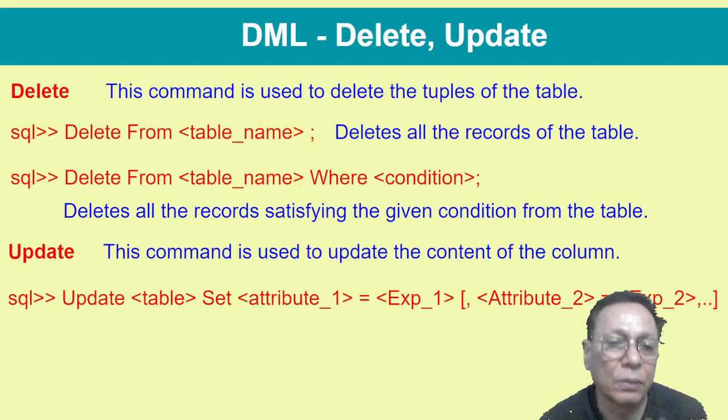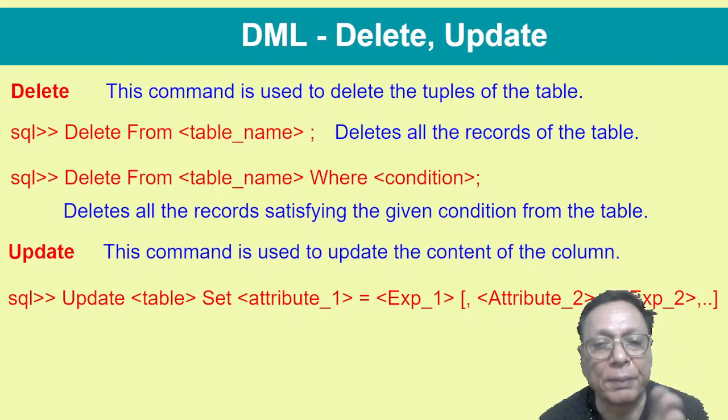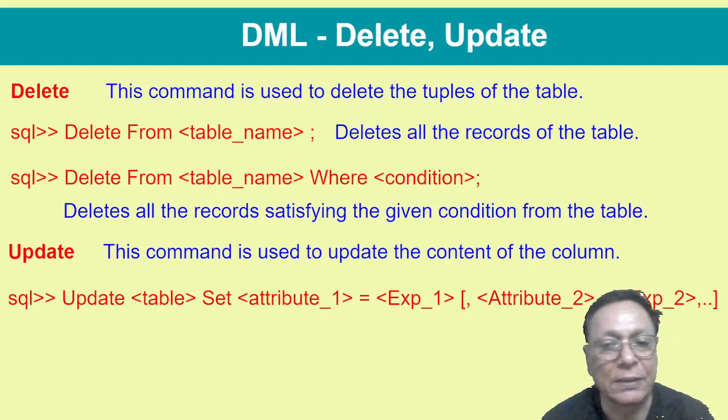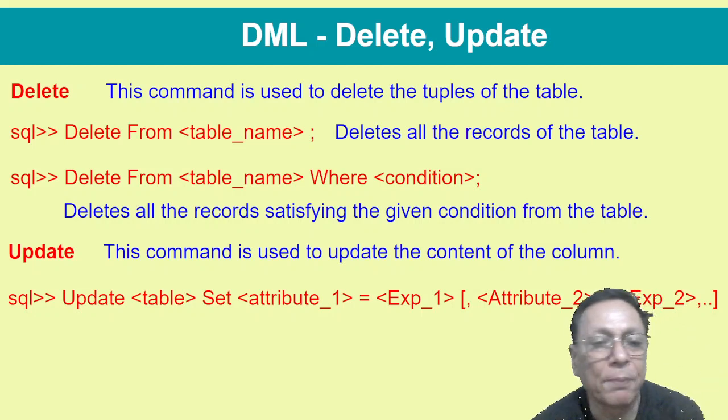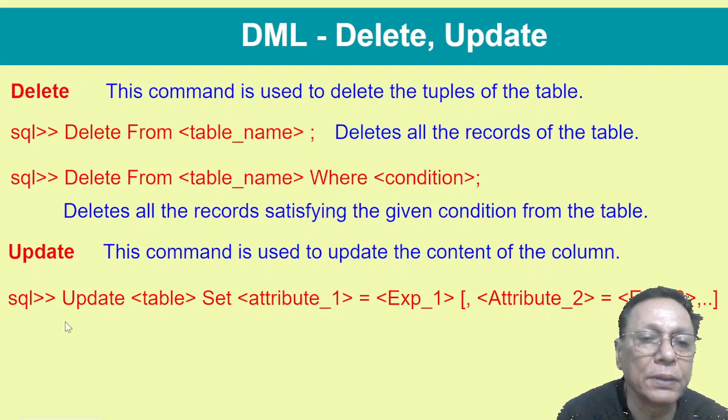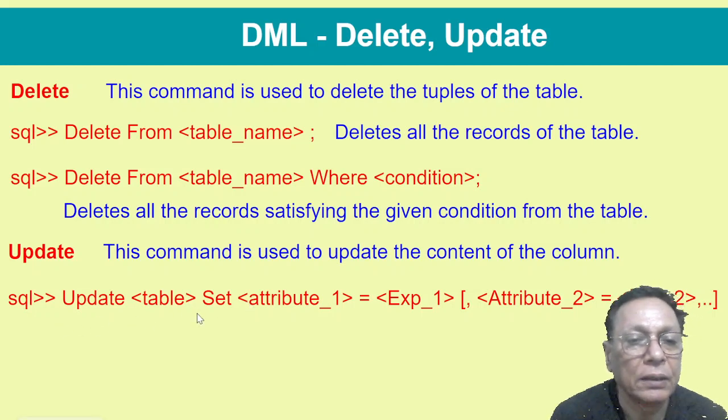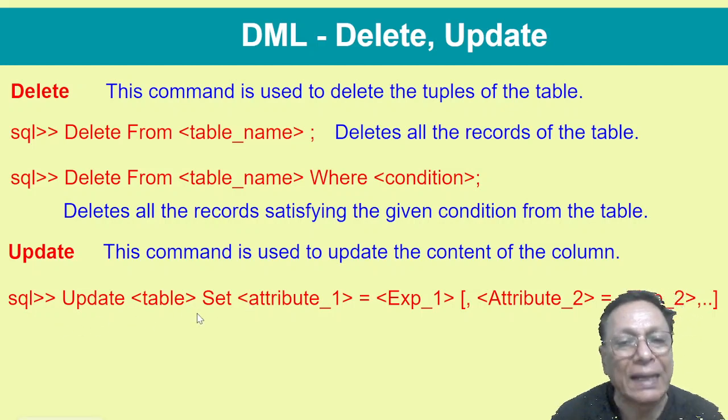If you have multiple columns to update, you should use multiple columns separated by commas, like column 1 equal to expression, comma, column 2 equal to expression, comma, column 3 equal to expression. And you must note here that because there is no condition, this will be applied on the entire table.